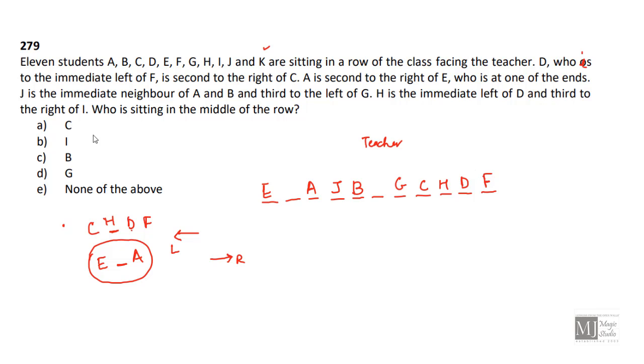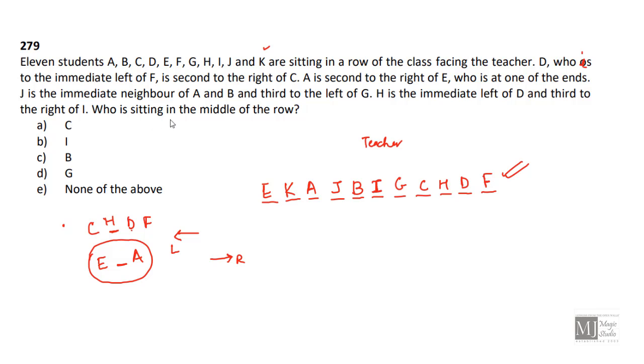H is to the immediate left of D and third to the right of I. 1 2 3. Third to the right of I. So we are left with A B C D E F G H I J, and where is K? K should be here. I have formed the entire arrangement.